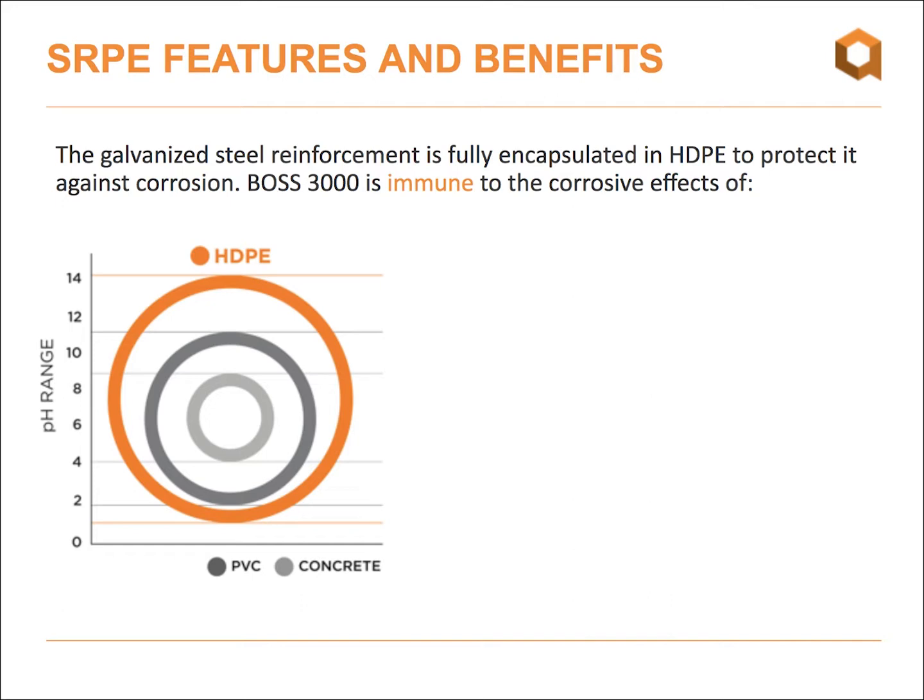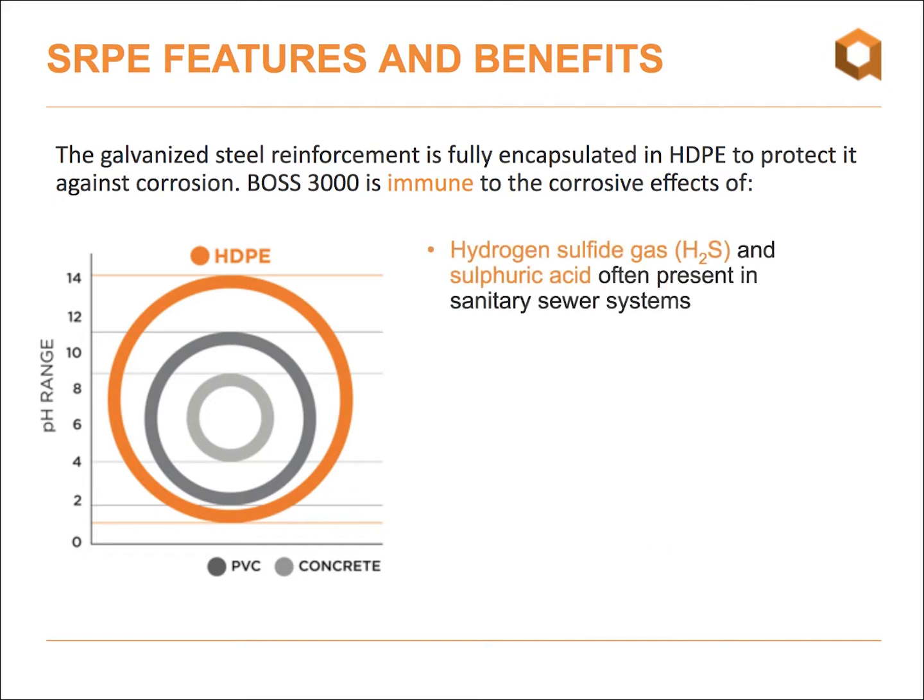So knowing this, we know that BOSS 3000 will be immune to the corrosive effects of hydrogen sulfide gas, which can lead to the buildup of sulfuric acid in your sanitary sewer systems. BOSS 3000, if it's used in a storm sewer system, unless you end up with jet fuel in your storm sewer system, which would be indicative of more major issues, typical contaminants that can be found in storm sewer systems, BOSS 3000 will be able to handle that very well.